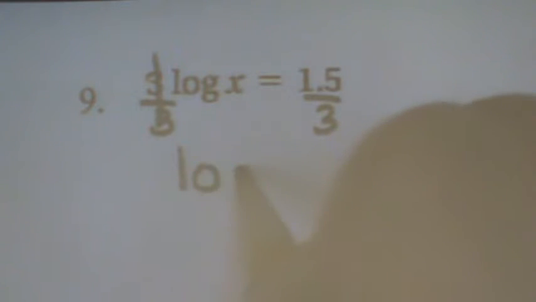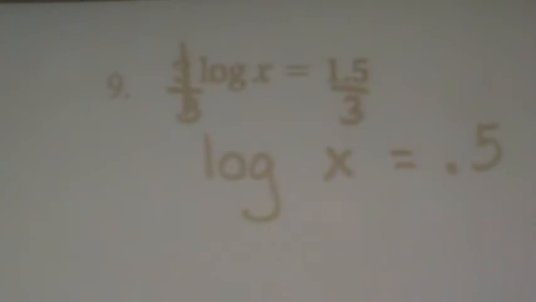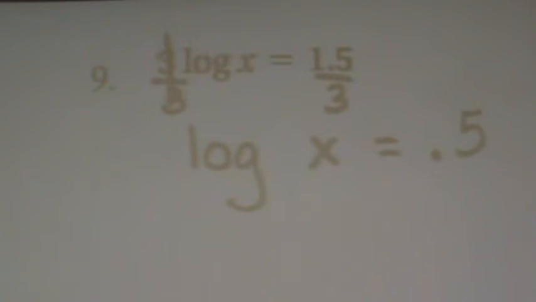Next, what do you think you do with that 3? This is a calculator problem. What is 1.5 divided by 3? 0.5? Okay, then what? What do you do next? You tell me. You change it.